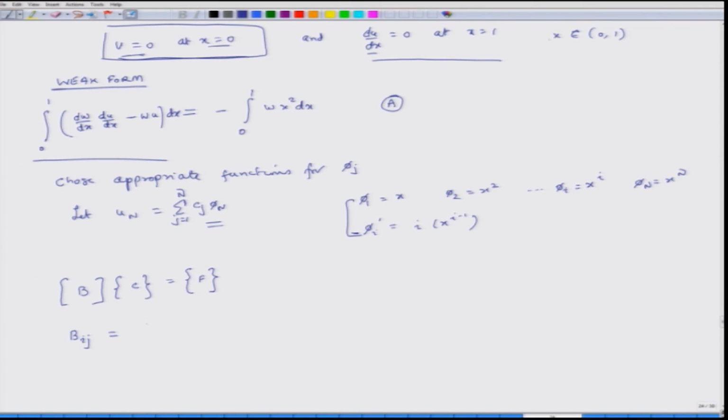So, Bij is the integral from 0 to 1 of phi i prime phi j prime minus phi i phi j dx. And the F vector is defined as the integral from 0 to 1 of minus phi i x square dx.